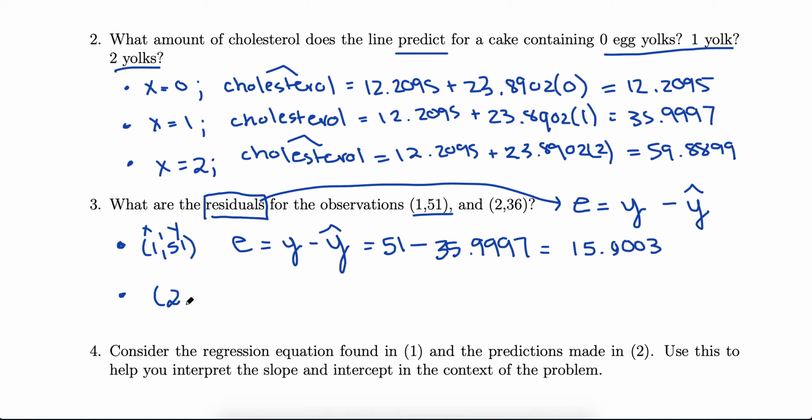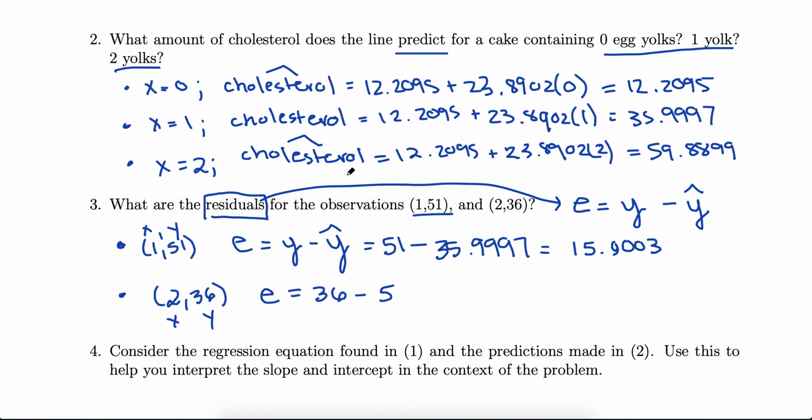Now you might want to pause, try the second one on your own for a moment, and then double check. Make sure you got this. Okay, so here's our x, y point. Our residual is the observed y of 36 milligrams of cholesterol, and then the predicted value for 2 egg yolks, when we use the data to fit the best line, was up here.